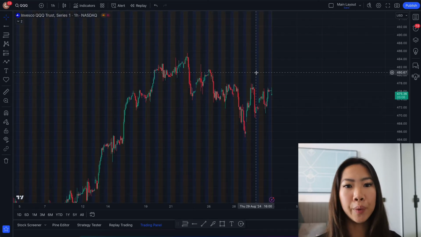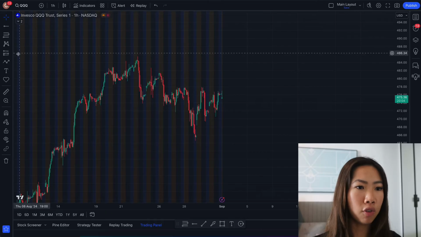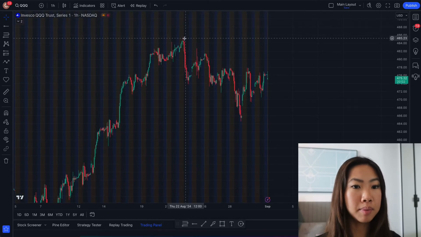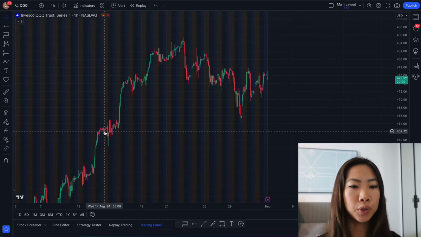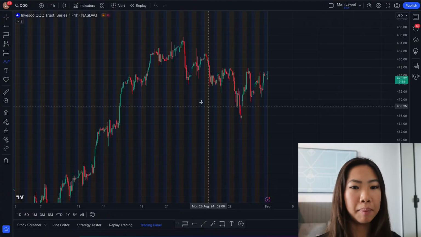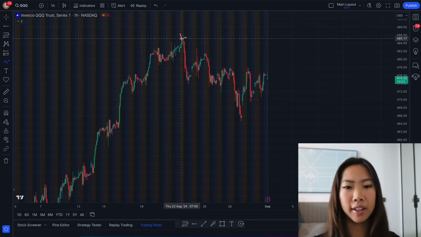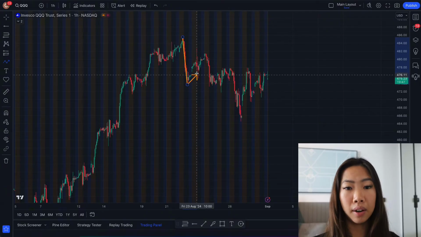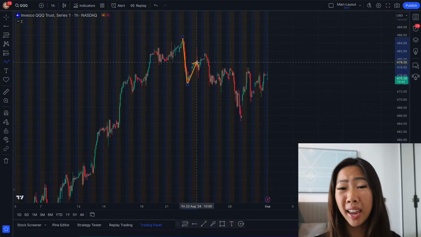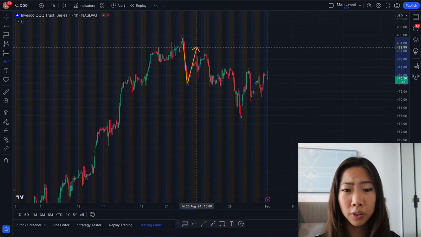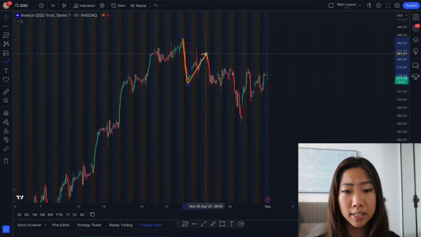So right here is how I would read it. What I see overall is that price has been bullish from this part. We'll talk about that in a second. But in this area here, we have a peak high. This is a high because it's above everything else. Then this is a low because it dipped down. Sometimes it can get confusing: is this the high or is this the high?